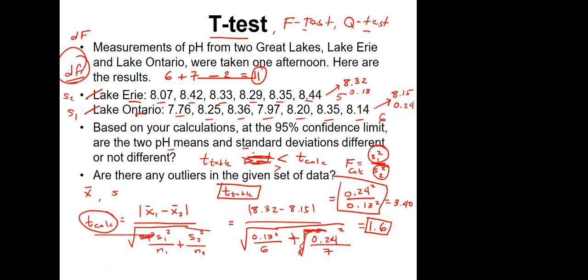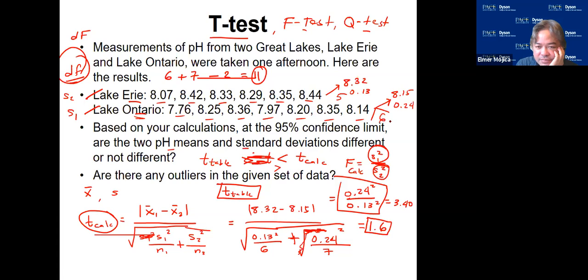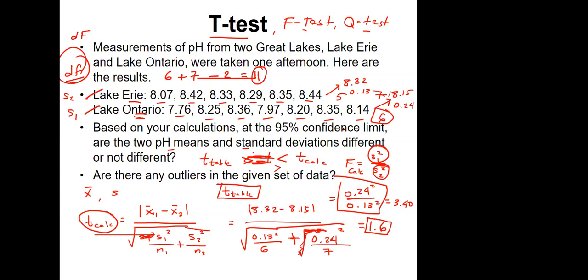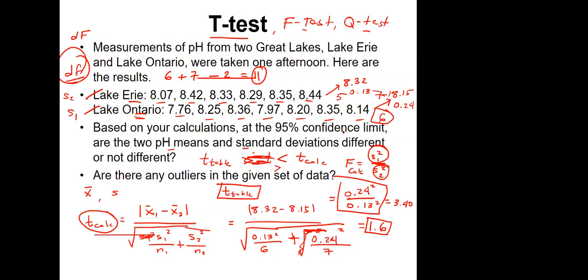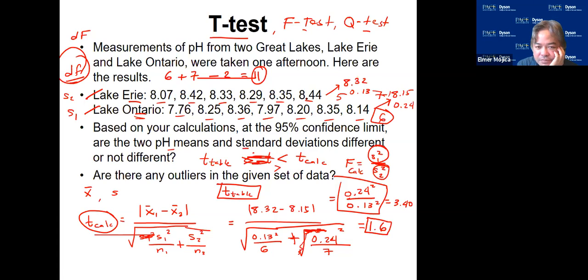So that means that's a 6, because it has a 7, and 7 minus 1 will give you 6. And S2 should be 5, because the sample size is 6, and 6 minus 1 is 5.